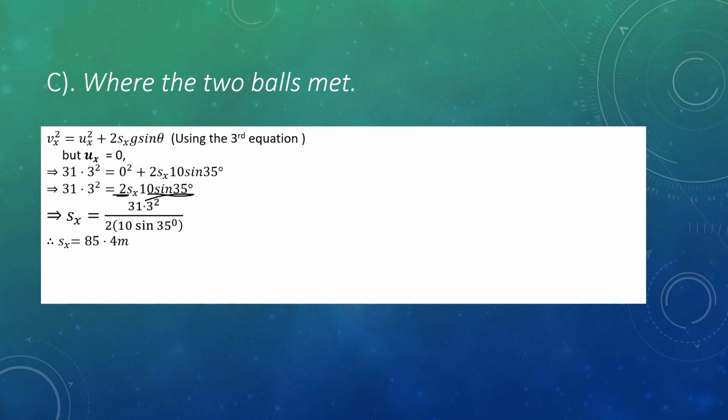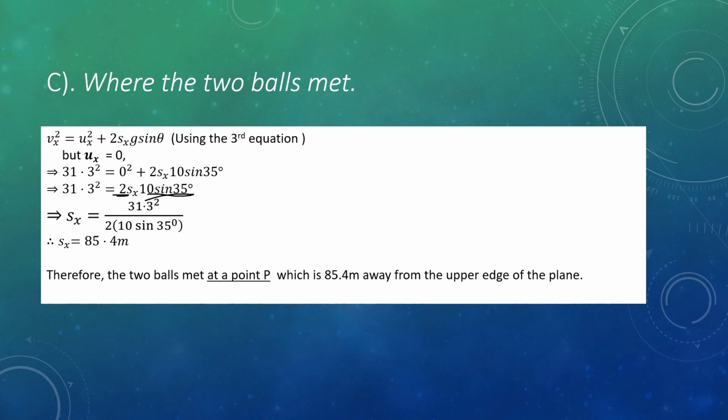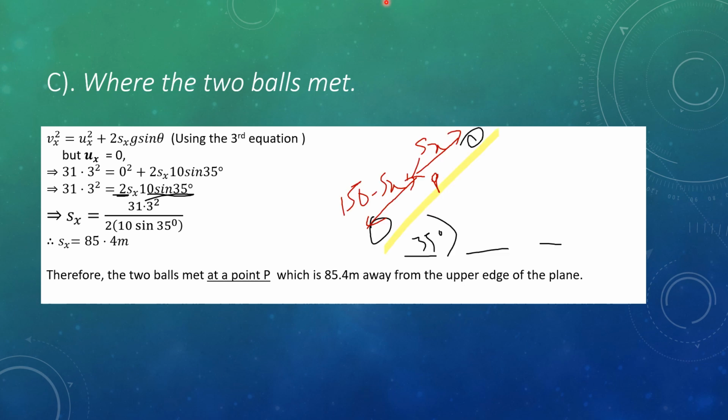85.4 meters. Therefore, the two balls met at the point P, which is 85.4 meters away from the upper edge of the plane. You remember our diagram when we visualized it. So this is it once again. You see, we are saying that Sx is equal to 85.4 meters.